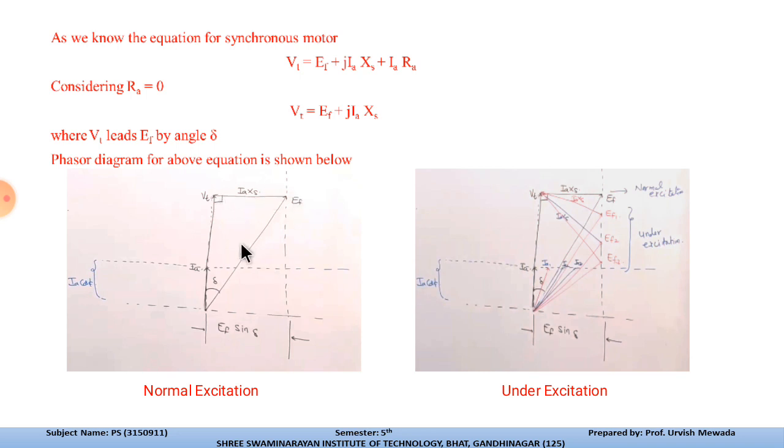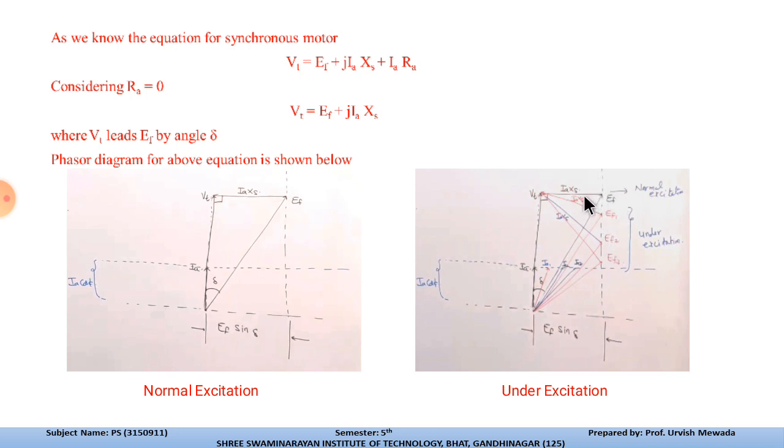For different values of field current, EF will change. So these are the values that we are getting: EF1, EF2, then EF3, then EF.